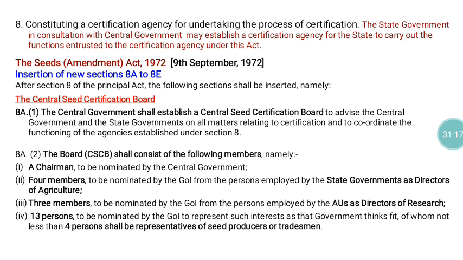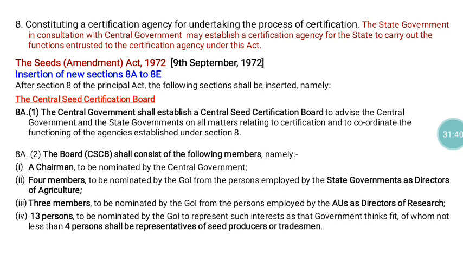Here also there is a chairman nominated by the central government and 4 members to be nominated by the Government of India. The eligible persons for these nominations are persons working in the state government as a director of agriculture.